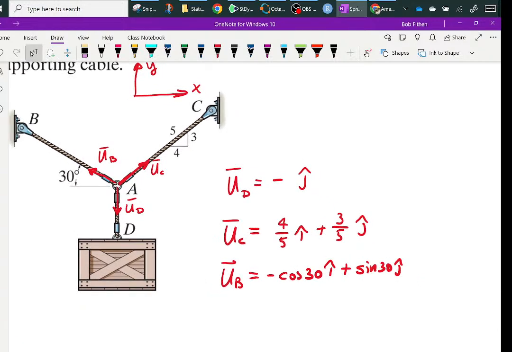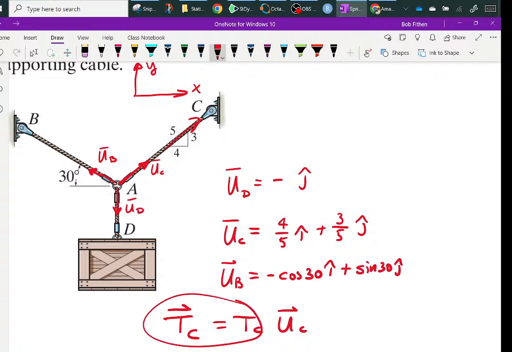Now, before, I called the force in the tension here as tension in C. But now I want to call it a vector. And it's basically the TC times UC. Now, I know these are the same symbols, but this one is a scalar, and this is the vector.